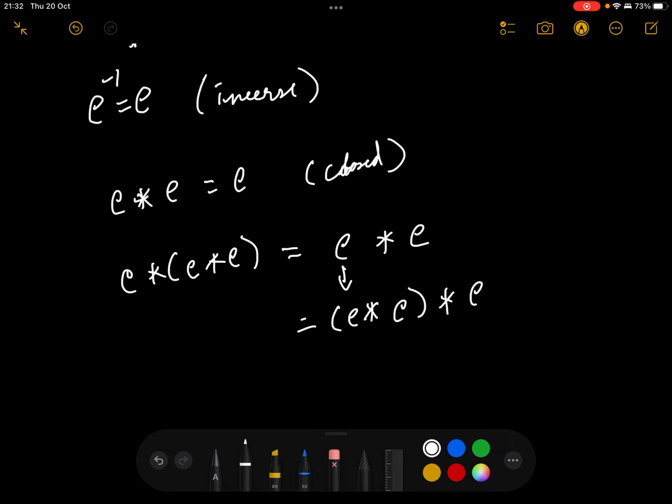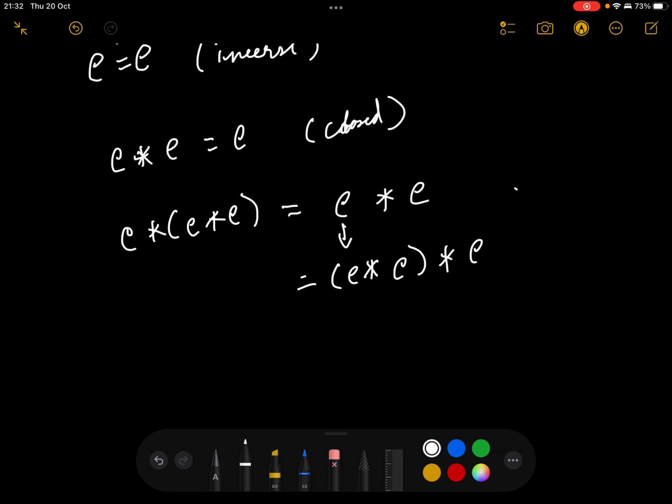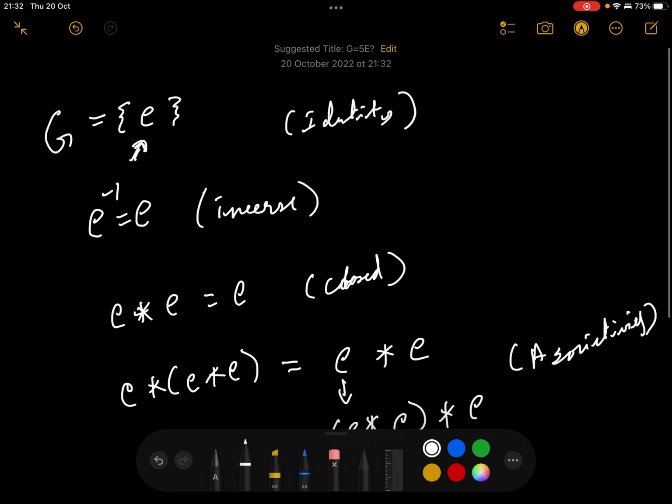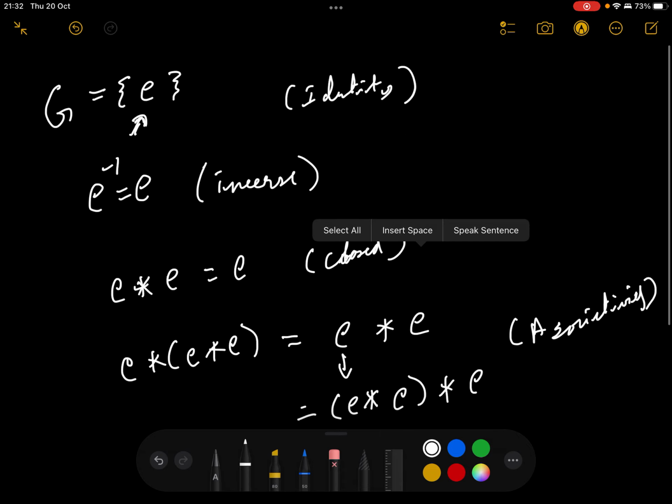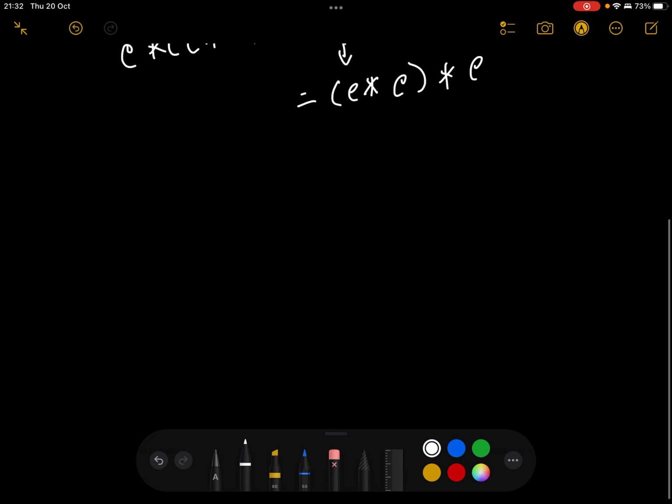So for this one, even associativity was actually easy to prove. Okay, so associativity. And so this is a group, and in fact this is called the trivial group. So G equals this is the trivial group.